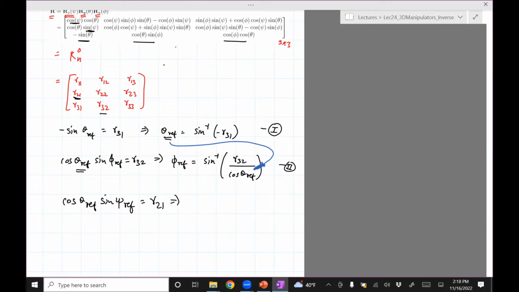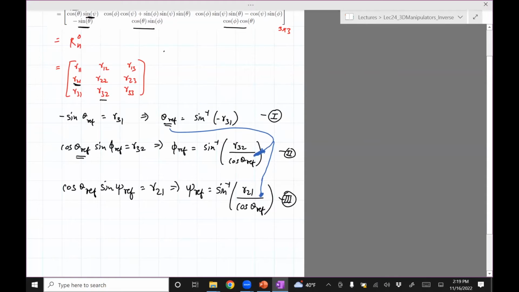And so from that, we can solve for psi ref as sine inverse of R21 divided by cos theta ref. And it's the same thing, which will go here. This is 3.